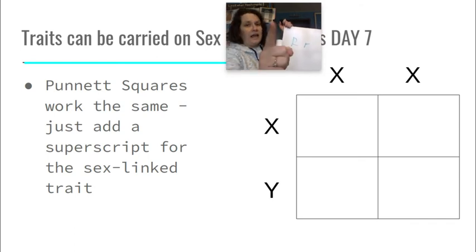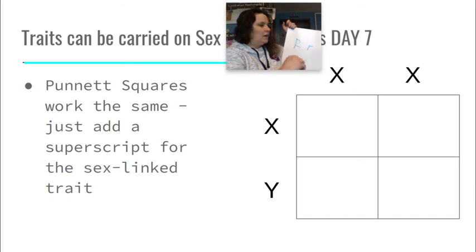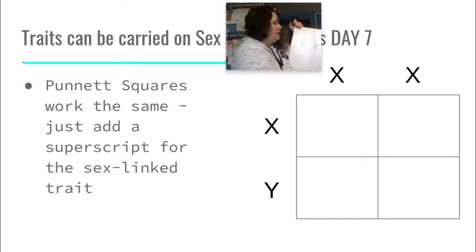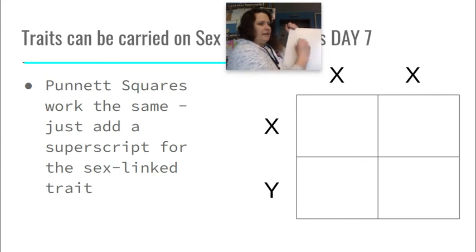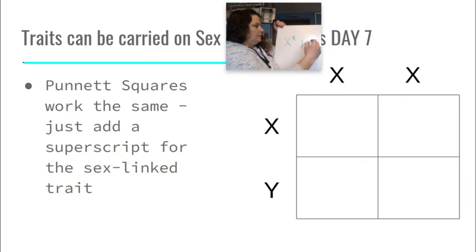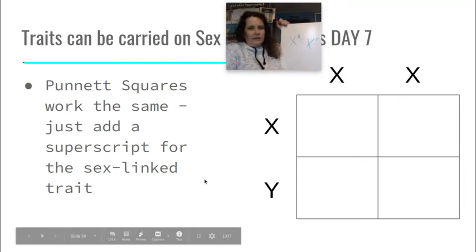It's just going to be on the X, not the Y, only the X chromosome. So if we used R's in this case, you add it as a superscript like that.